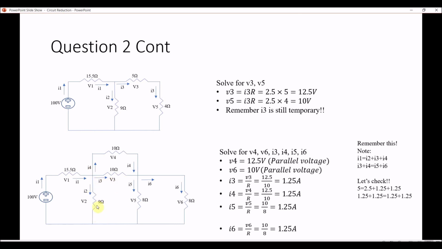Now current, when it passes through a circuit, wants to pass through the least amount of resistance. You would much rather take the path with less resistance than more resistance. That just makes sense.